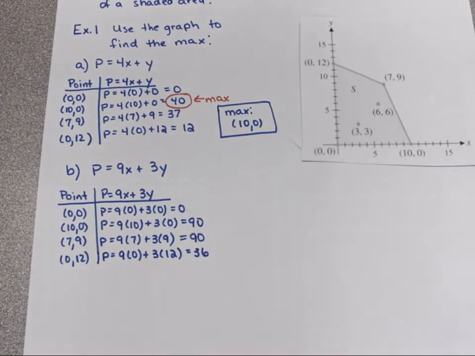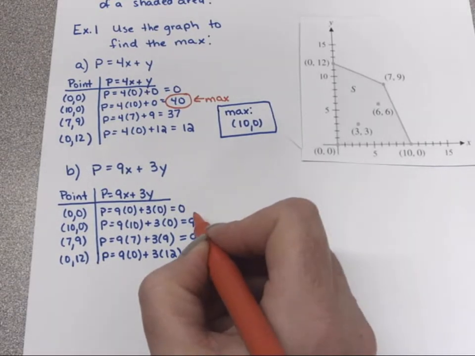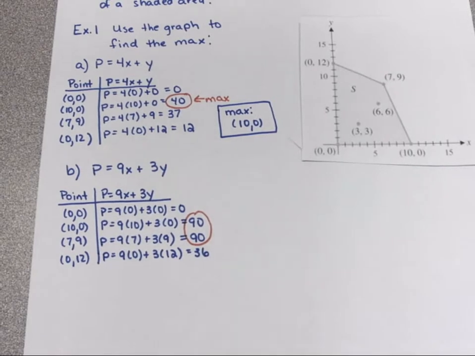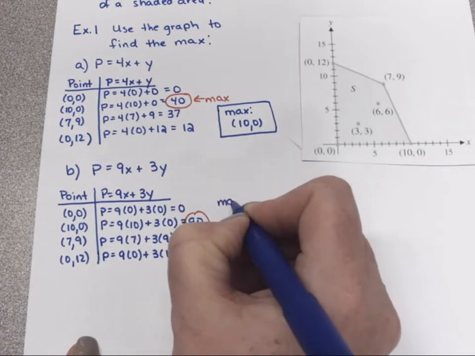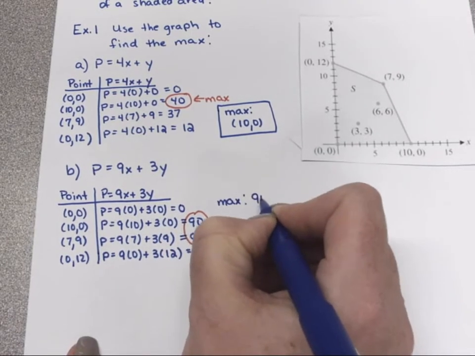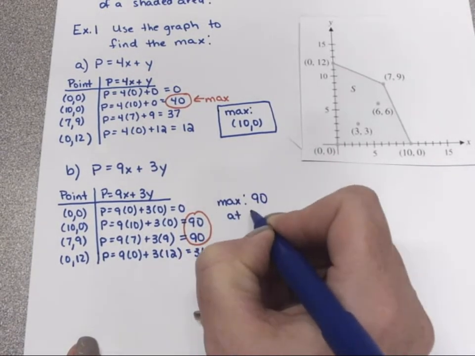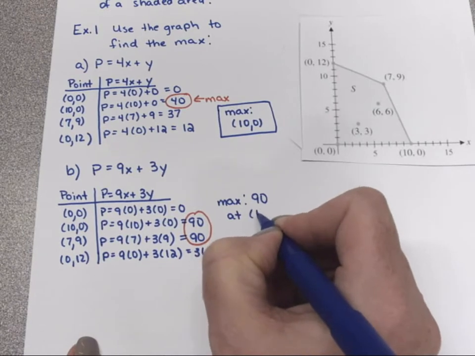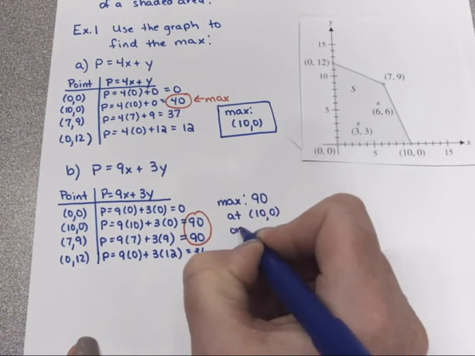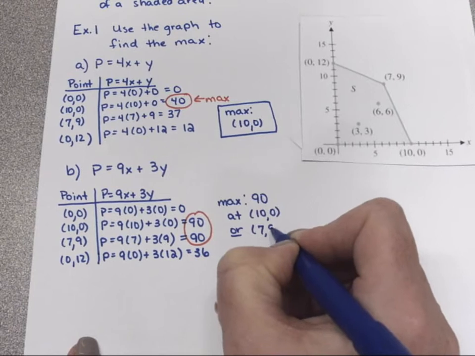So this may not happen too often, but the values are both maxes, right? So the max is 90 at the point either 10, 0 or 7, 9.